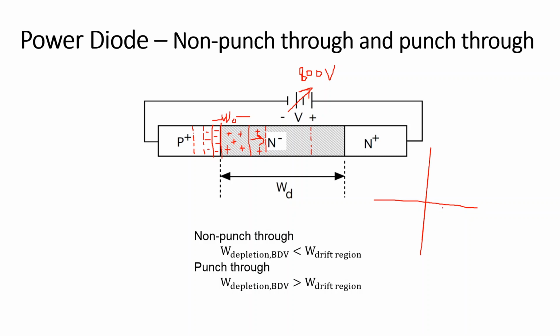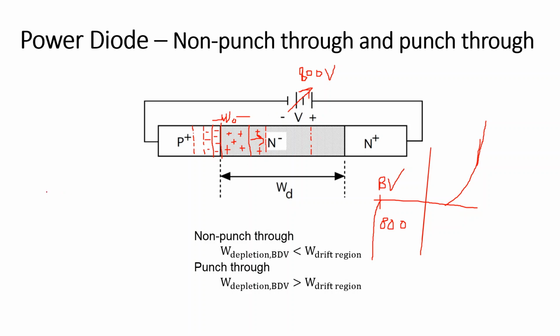So if we look at the characteristic of the diode, here we have breakdown voltage. So if we reach 800 volts, then the breakdown of this device will occur and this device will get destroyed. So this is the largest depletion layer width which we can get.